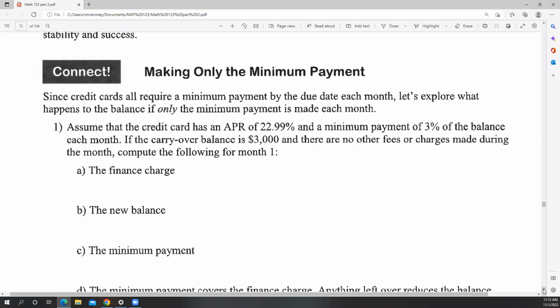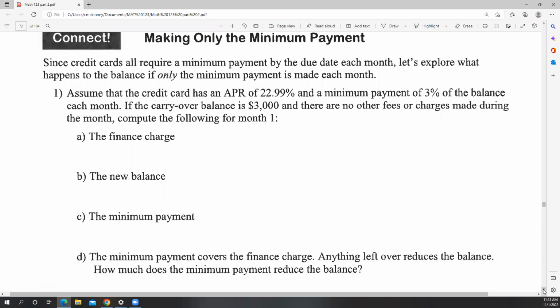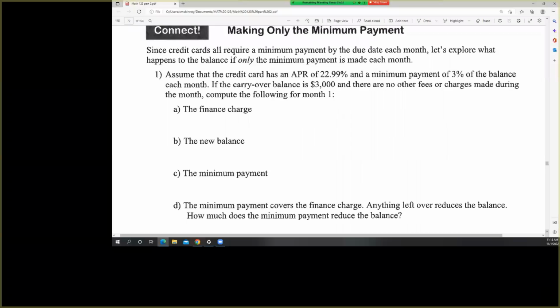All right, so let's click on over to this next part where it says making only the minimum payment. This is on 10-6. And we're going to look at someone who has a larger balance here. They had a carryover balance of $3,000. And now we're going to charge them their finance charge. So the finance charge, that's when we're using the APR divided by 12.